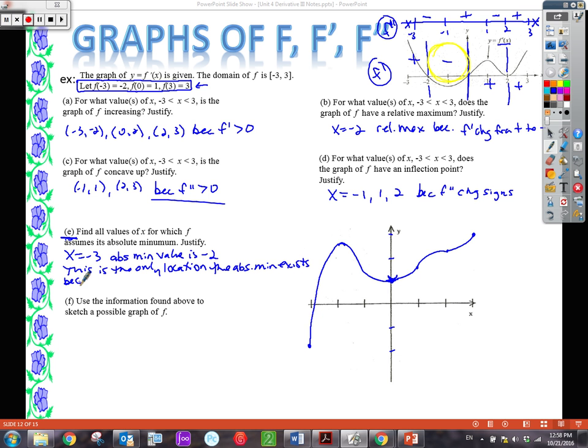Because from -3 to -2, f of x is increasing, comma, then from -2 to 0, f of x is decreasing.